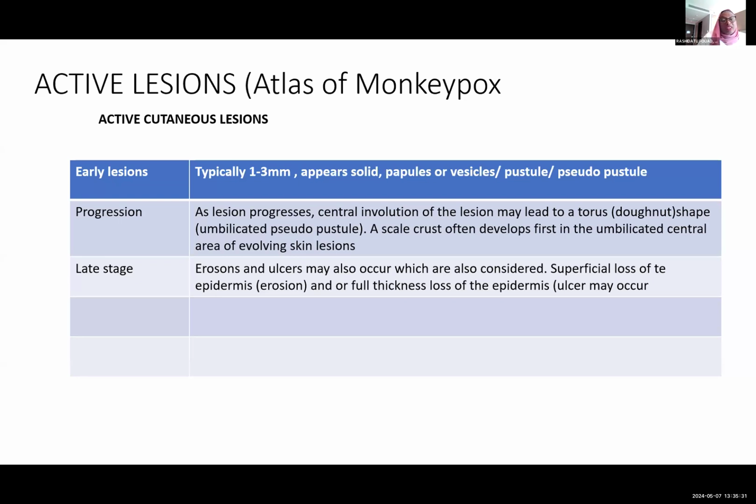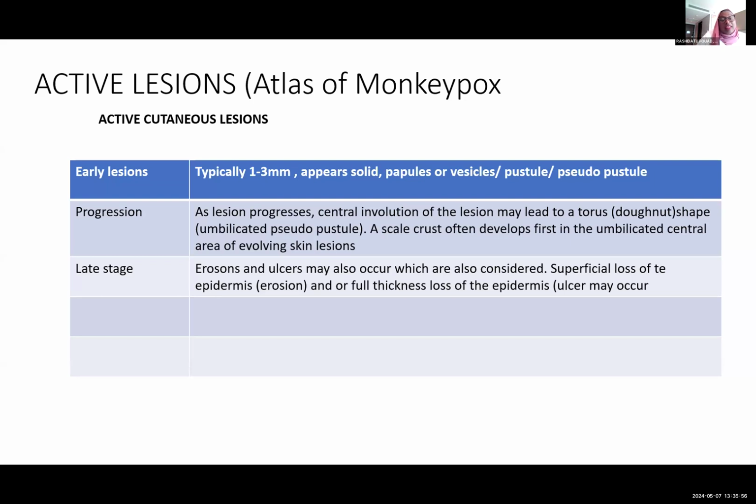And then we have lesions that are progressive. And when you look at these lesions, what you'll see is they are umbilicated. They have this dot in the middle. They could be donut shaped. And then they could have this crust that could develop in the donut or the umbilicated central area of these lesions.